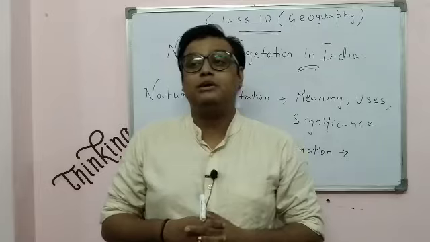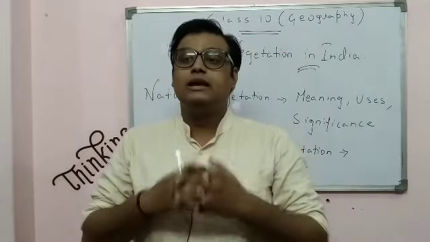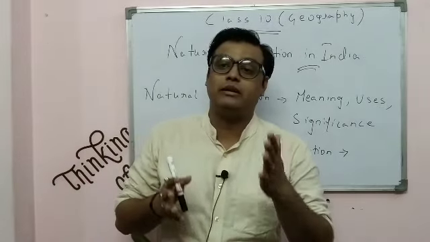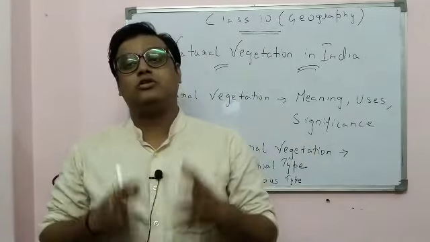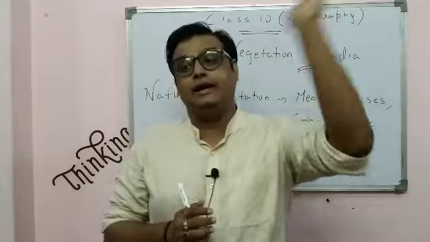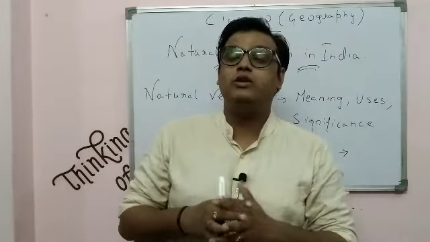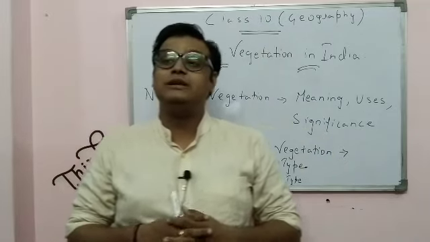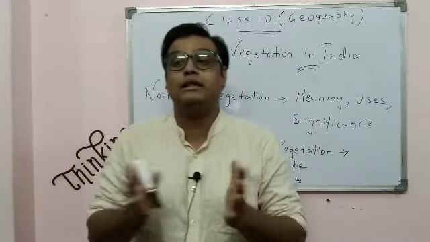So you should remember. These forests are found in the areas of the Western Ghats. Where are they found? In the areas of the Western Ghats. You know that Kerala and other regions receive lots of rainfall. That is the region where we have this equatorial type of forest, and also Northeast India, the northeast part of our country. This type of forest receives more than 200 centimeters of rainfall in the whole year.